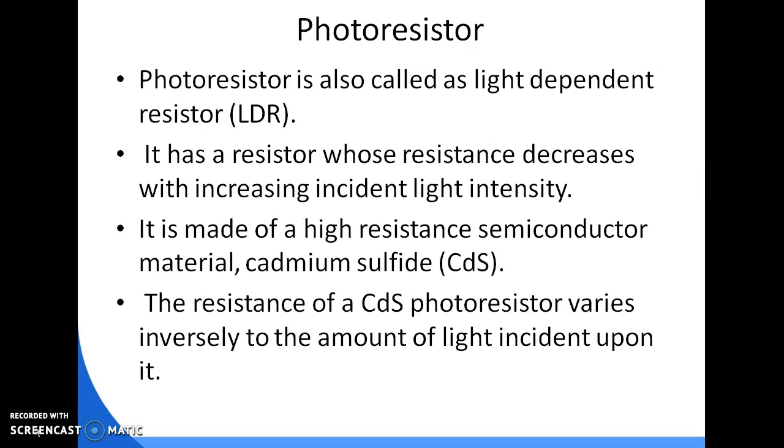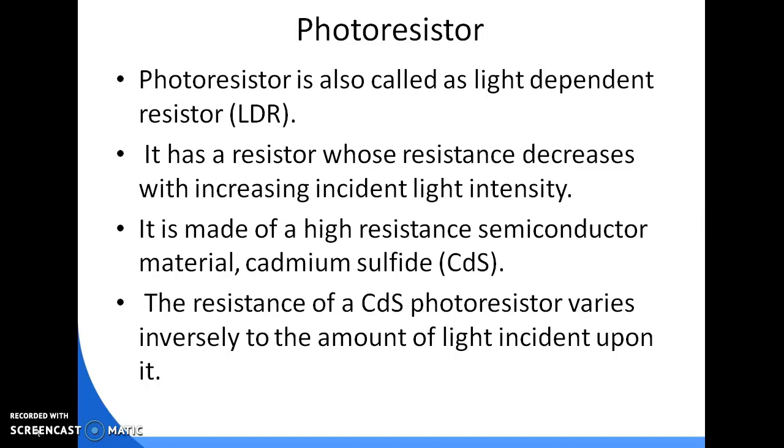First, we will discuss the photoresistor. Photoresistor is also called a light dependent resistor, or LDR. It has a resistance that decreases with an increase in incident light.